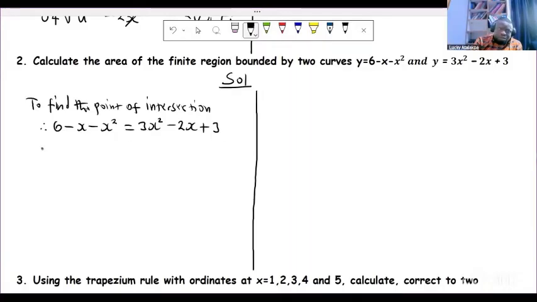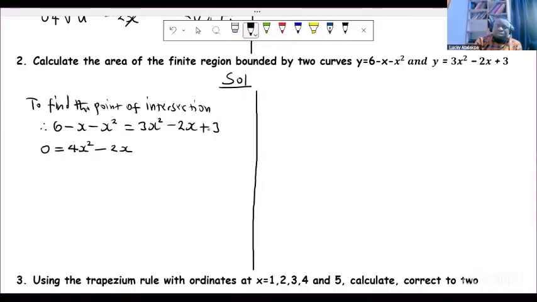So this becomes 0. So 3x squared, if minus x squared crosses to this side, becomes positive x squared. And if you add 3x squared plus 1x squared, that will be 4x squared. Then this is negative 2. If negative 1x crosses, it becomes positive 1x. So negative 2 plus 1 is negative 2x.